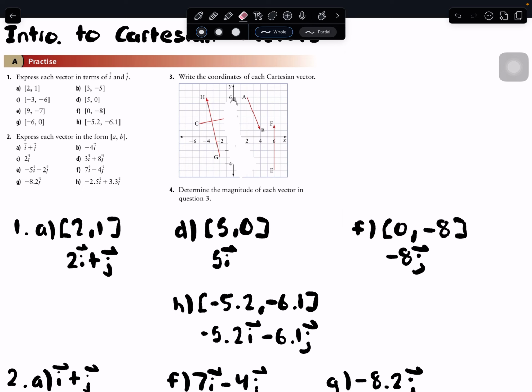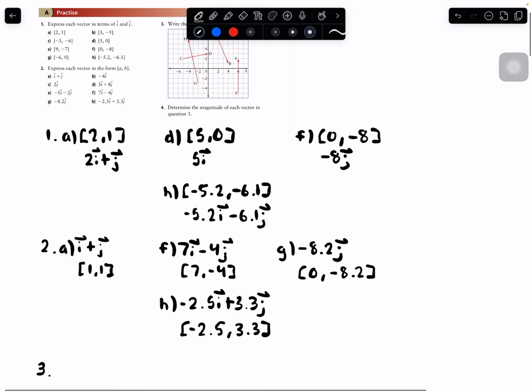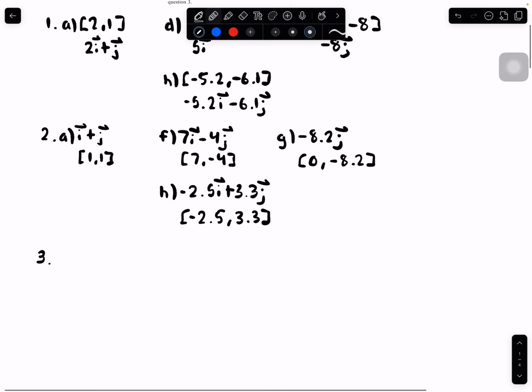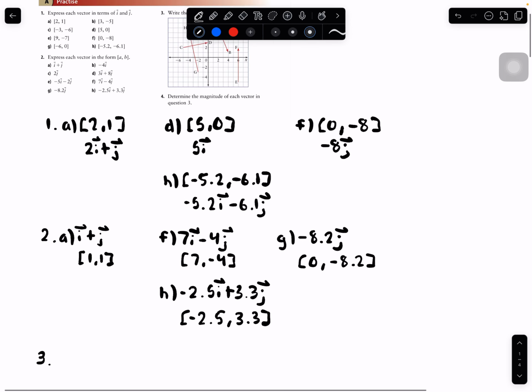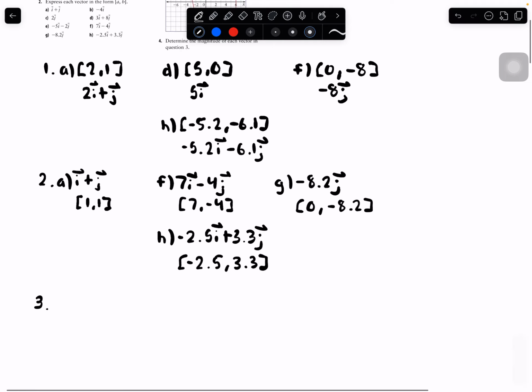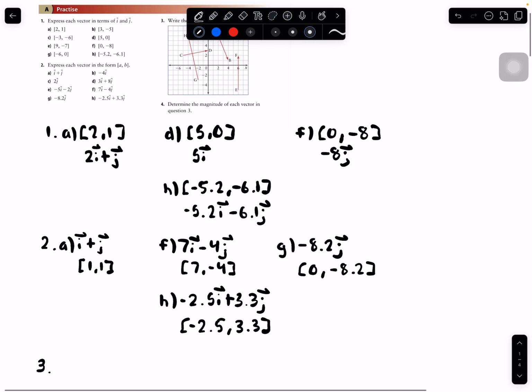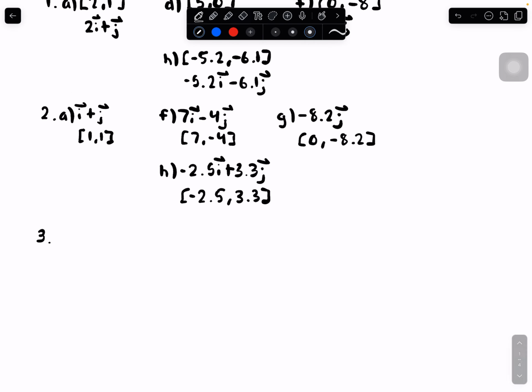So let's begin. Okay, so 3. Let's do AB first. How do we write vector AB as a Cartesian position vector?